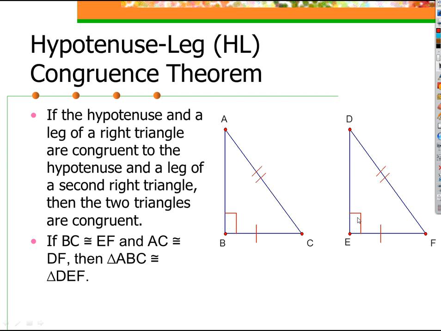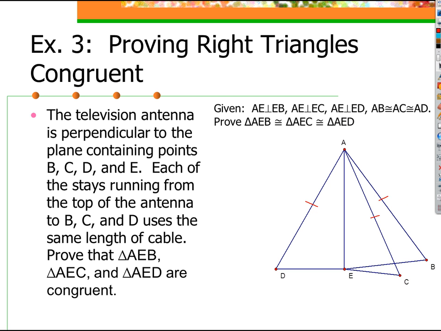I mean, right angles are all congruent, aren't they? So we know there really are three congruences there that are sort of implied, but being as they're right triangles, we can ignore the fact that those right angles are congruent and just focus on the hypotenuse and the leg, and that's useful. So that's another one that pops up in 4.6 that allows you to take a little shortcut.